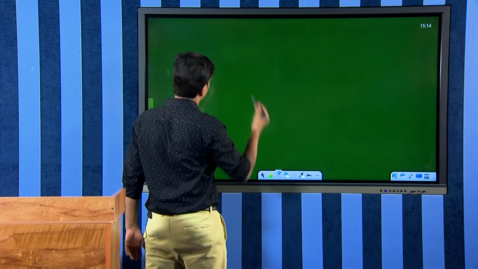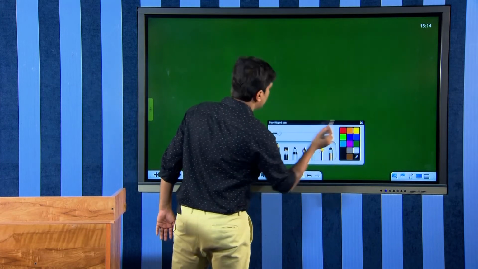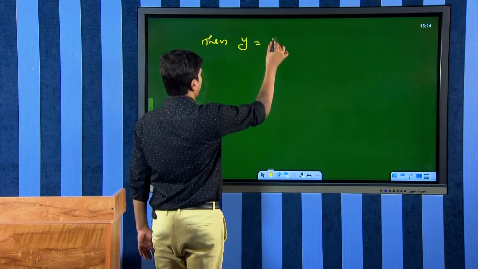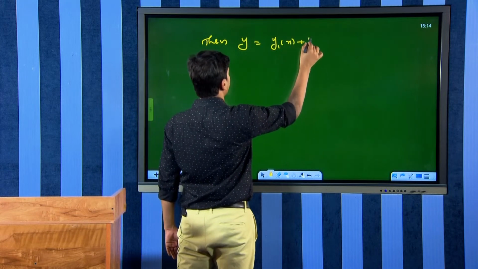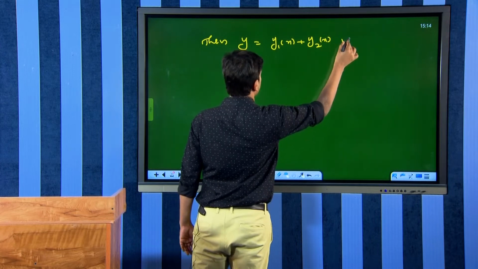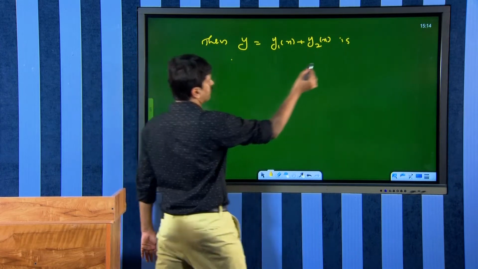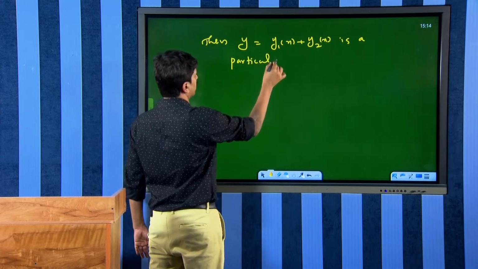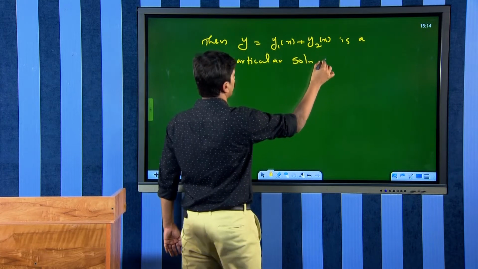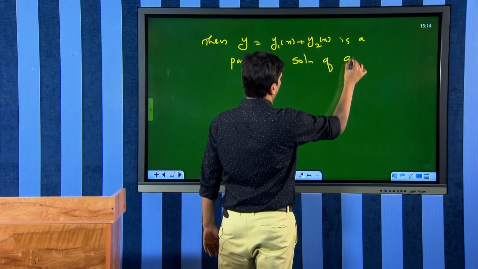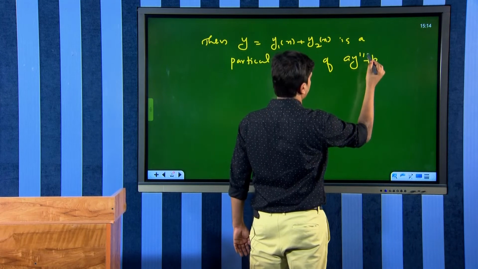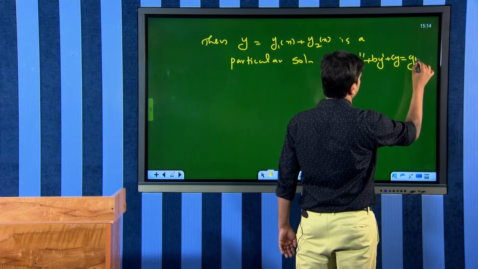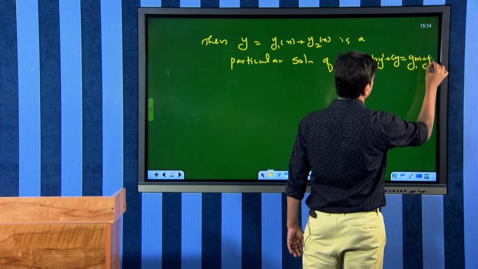Then we can say that y is equal to y1 of x plus y2 of x is a particular solution of a y double dash plus b y dash plus c y is equal to g1 of x plus g2 of x.